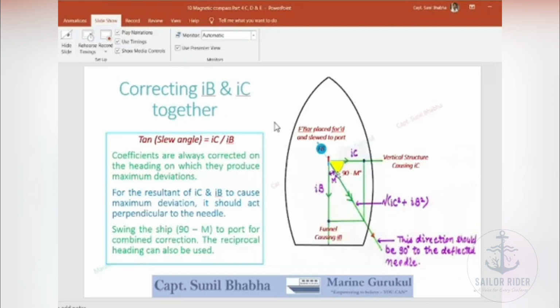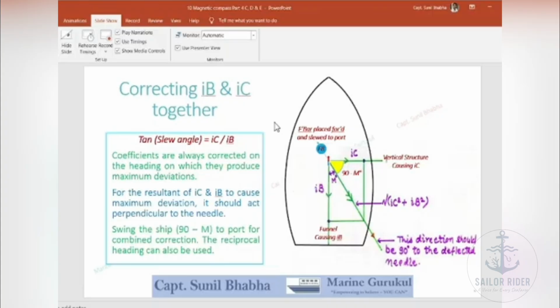Yes. Okay. बेटा एंगल m तो आपने निकाल लिया. Angle m is okay. Now you see IB is acting exactly to the south of the compass needle or to the aft of the ship.